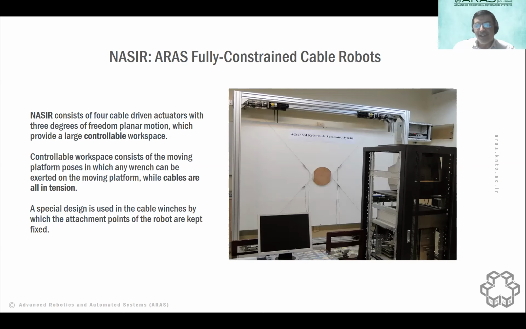This is what Darwin explained a lot, the wrench-feasible workspace and the different ways of obtaining it. And special design has been considered on the winches to have the anchor points right at one single point to have better kinematics.